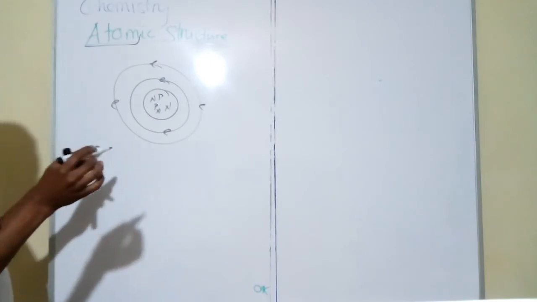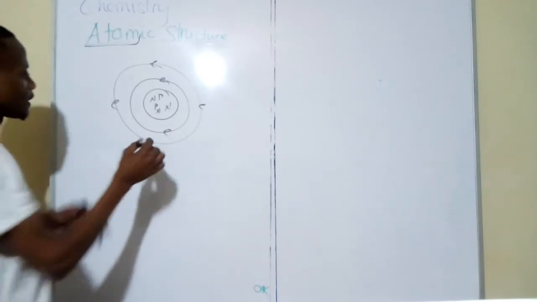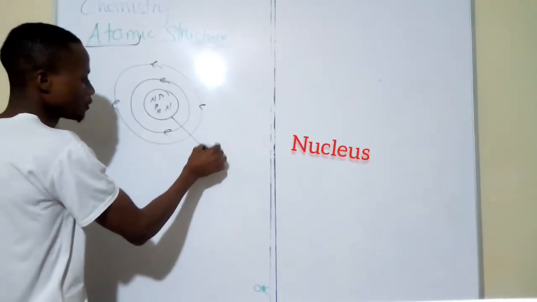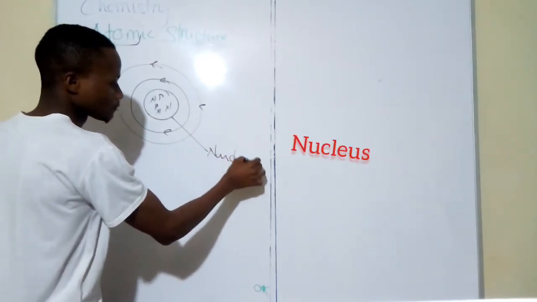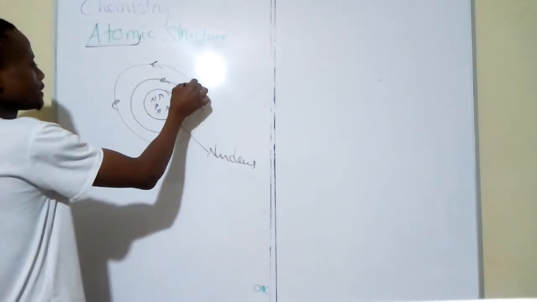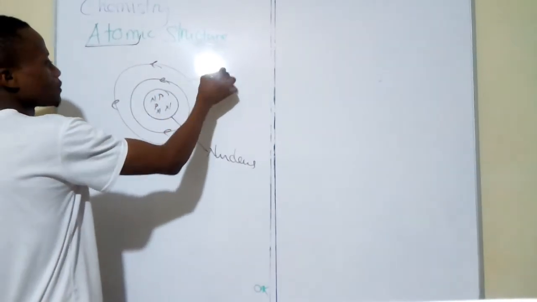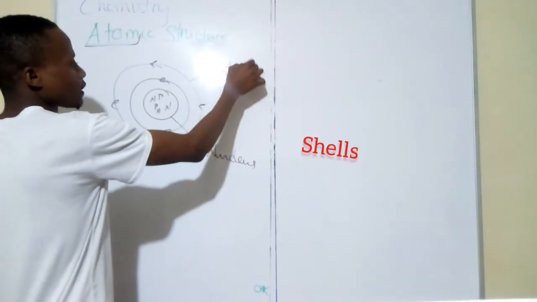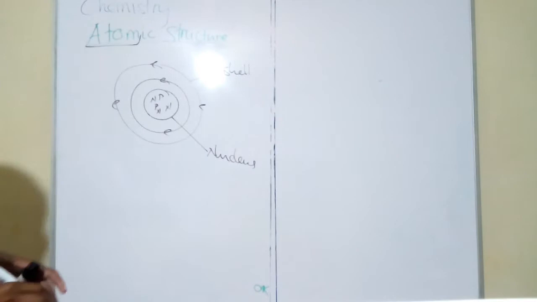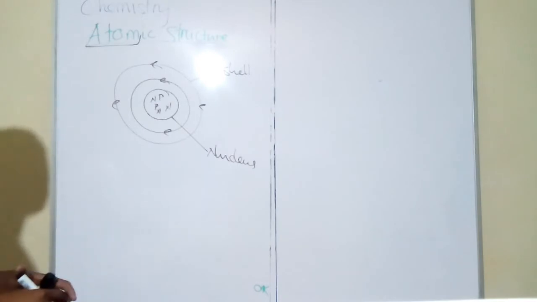Now the parts of the atom: the inner part, the midst part, is called the nucleus of an atom. Then these lines outside are called the shells. So an atom is made up of the nucleus and the shells.